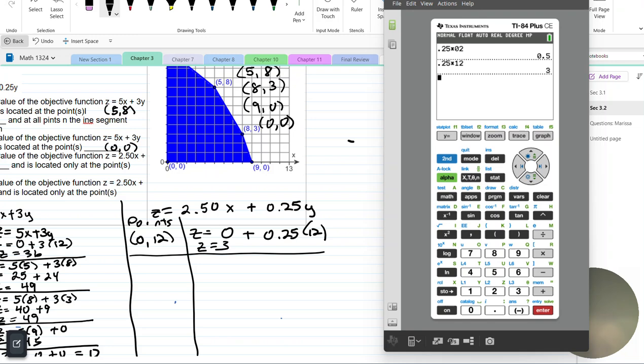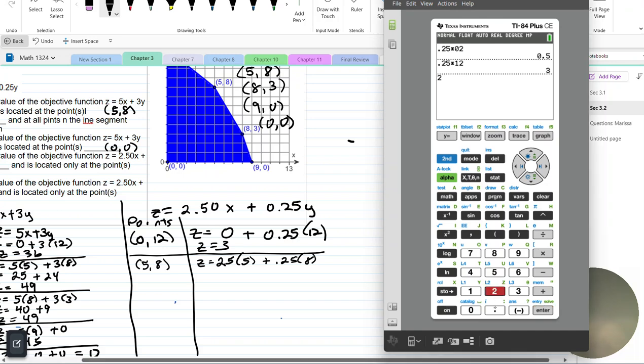This next one is the 5/8. So z equals 2.5 times 5 plus 0.25 times 8. Oh, look at that, what did I do there? It should have been a 5. 2.5 times 5 and 0.25 times 8.